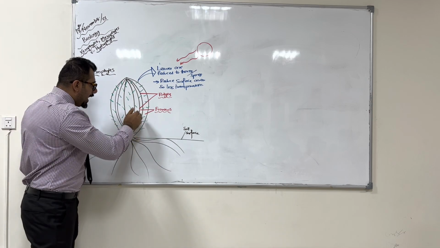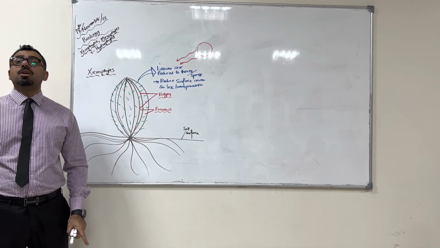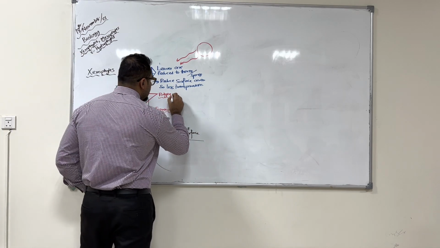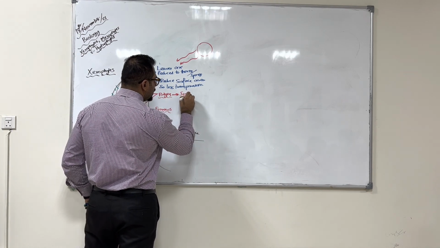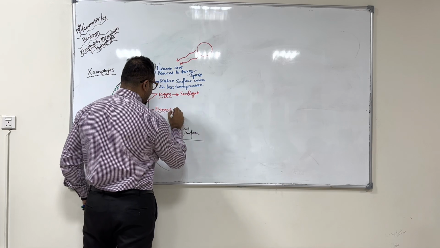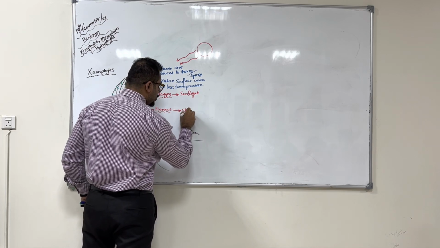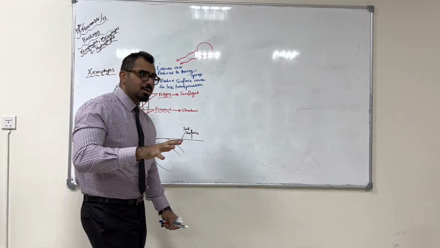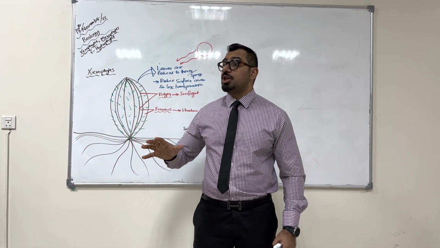The other area, the furrow, will be in shadow, right? So the ridges will be under sunlight and the furrows will have shadow. It means that half of the plant is in sunlight and half has shadow.